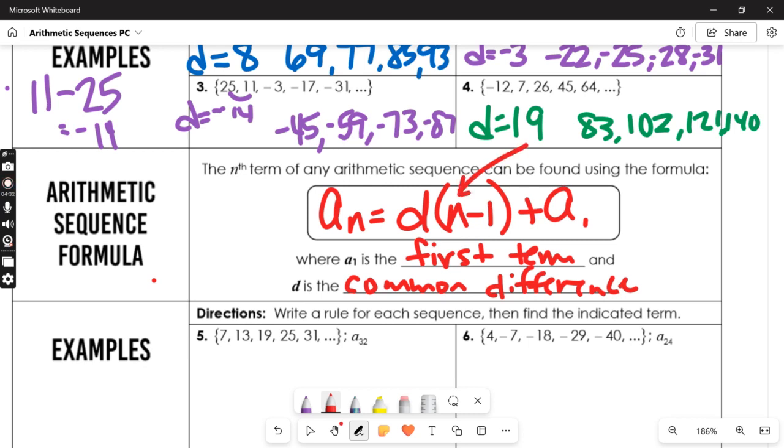Okay, this n right here is your variable, so it should be in your problems unless it's asking for a specific number.